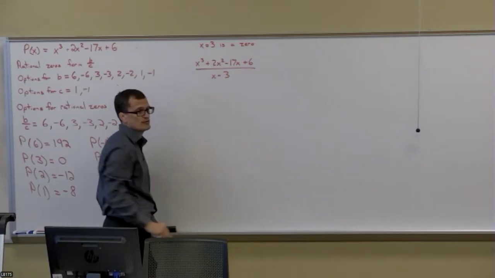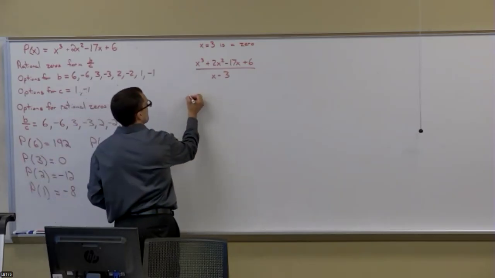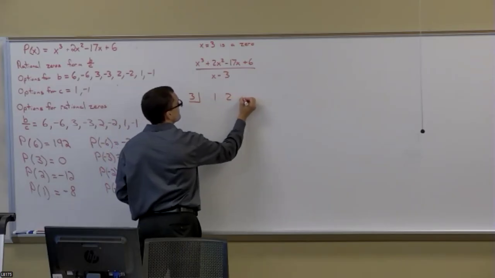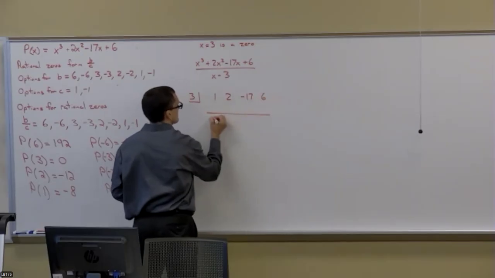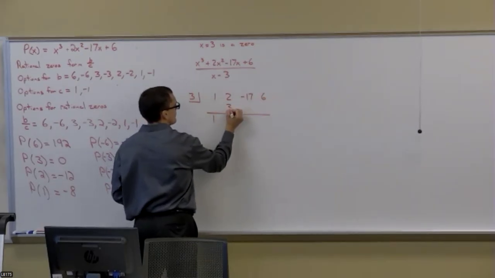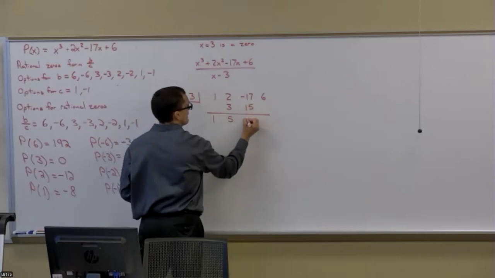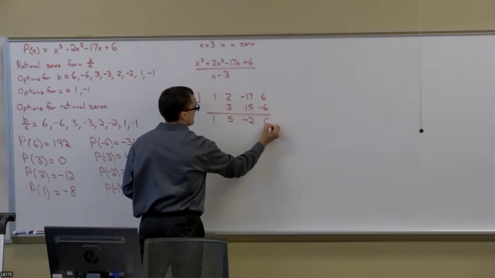This is what we're doing the first few of these, right? So we get 3, synthetic division. Three times 1 is 3. 5, 15, -2, -6, -0.